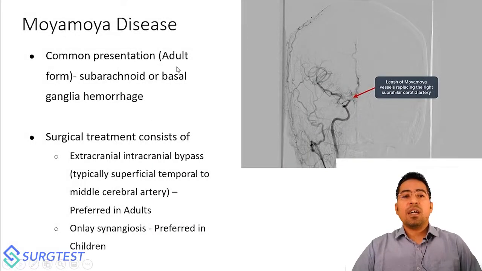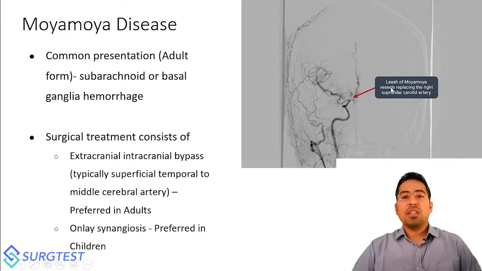In the adult form, Moyamoya disease will have subarachnoid or basal ganglia hemorrhages. You can see in this DSA there is further obstruction of the ICA, and you cannot see the MCA, the M1 segment, but you can see multiple thin blood vessels appearing like smoke, which are maintaining the distal circulation.